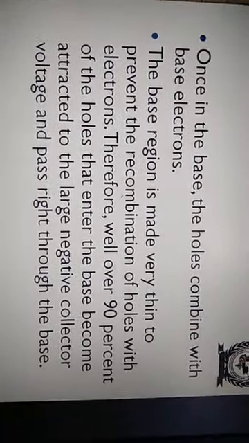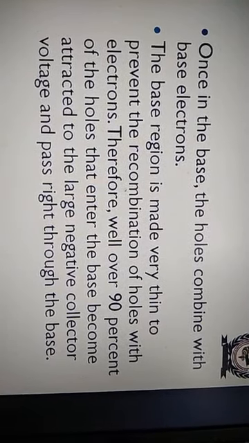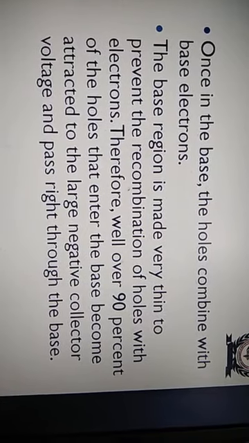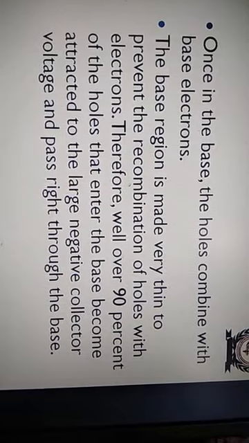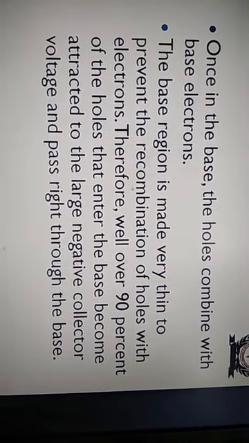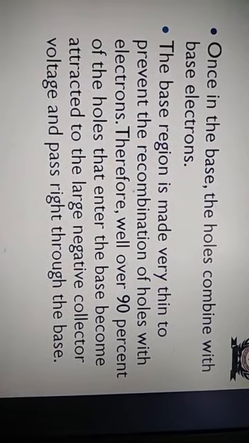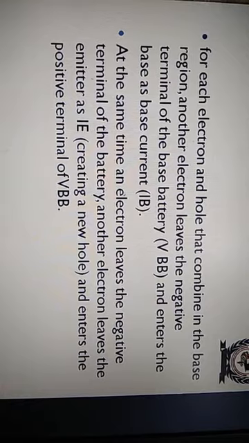Once in the base, the holes combine with the base electrons. The base region is made very thin to prevent the recombination of holes with electrons. Therefore, well over 90% of the holes that enter the base are attracted to the large negative collector voltage and pass right through the base.